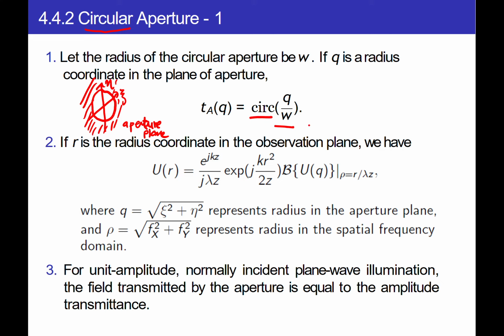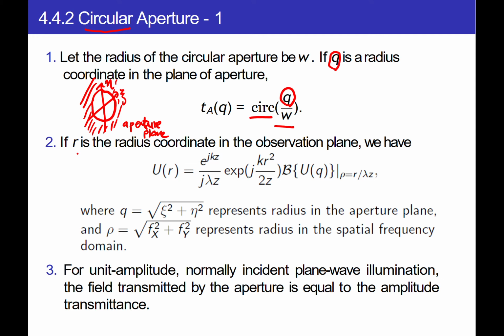Inside this radius we have 1, but outside it is 0. Because of this cylindrical symmetry, once again we are using cylindrical coordinates, with q here. I don't know why they are using it, but we are following the text.